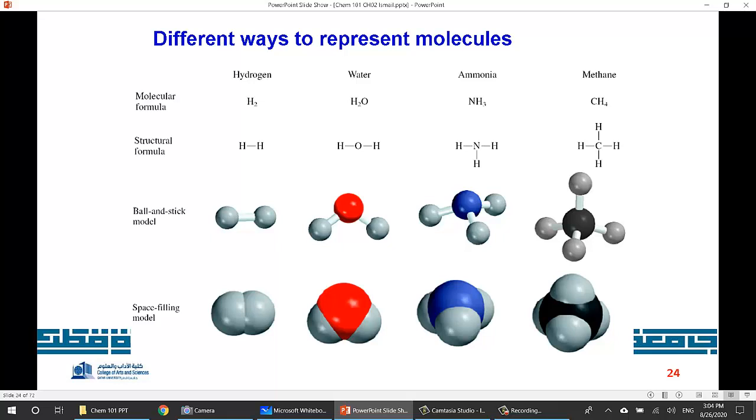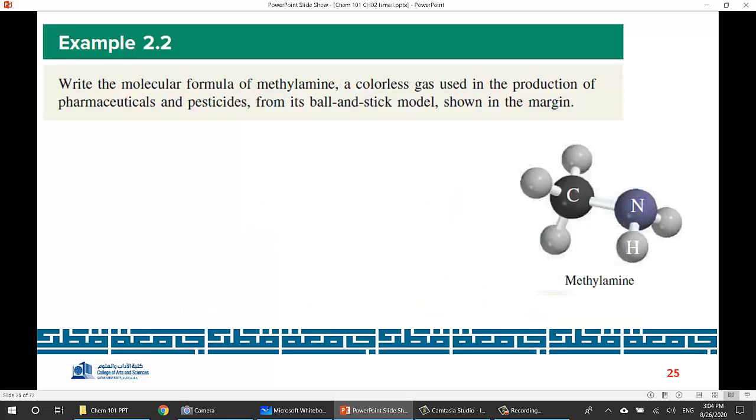It's connected by chemical bonds. There is the ball and stick model, which is the one that is widely used in chemistry textbooks, showing you the connections of these balls and the bonds. And there is also the space filling model that gives you a more realistic vision of the molecule itself. The first 3 are the most commonly used in chemistry textbooks.